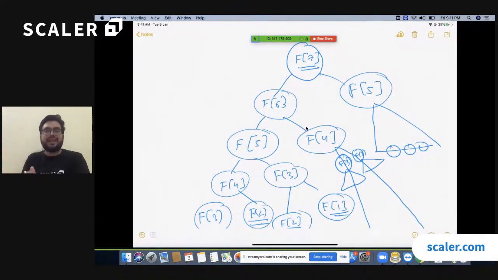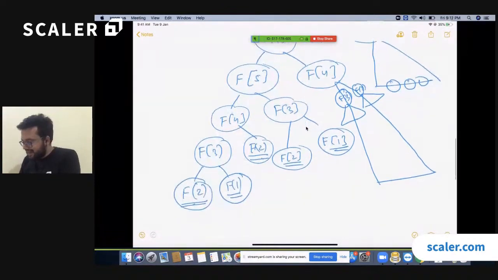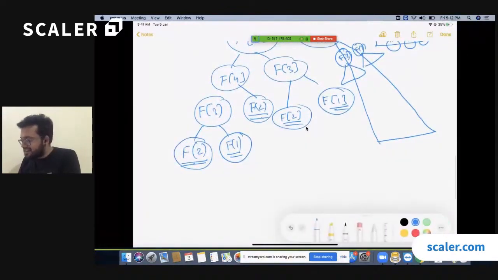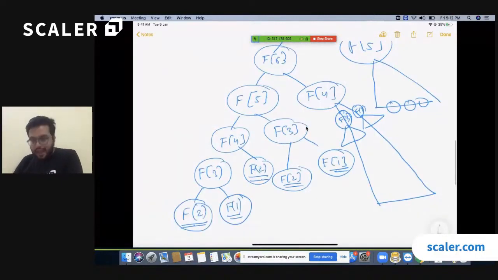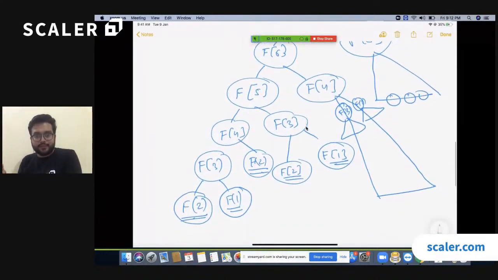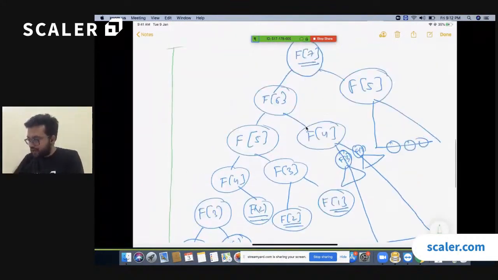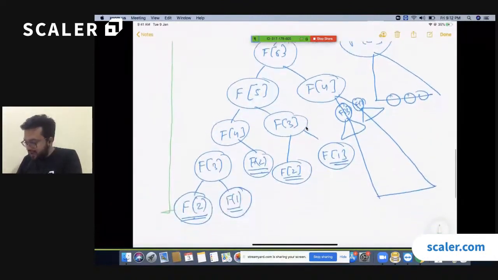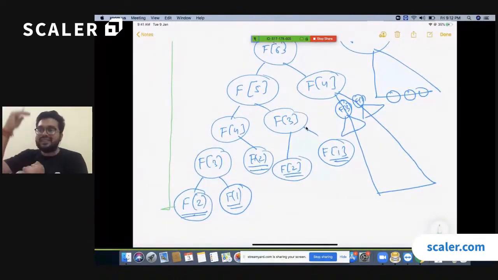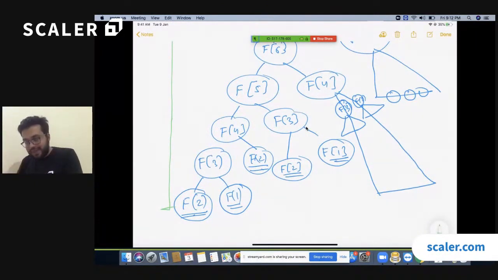So to estimate the time required to compute that, I would suggest that let's first of all estimate the number of states that are there. Okay. From looking at this diagram and realizing it intuitively, first of all, what is the depth of this tree, right? So you start with F7 and what is the farthest distance where you would be actually finding a base case?